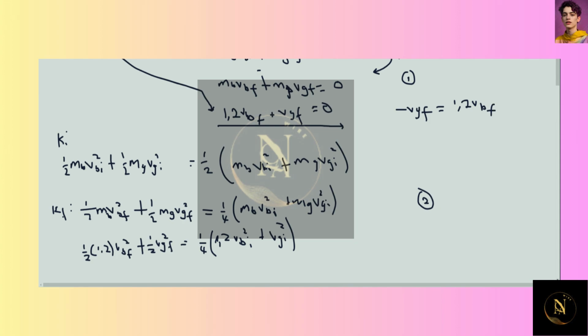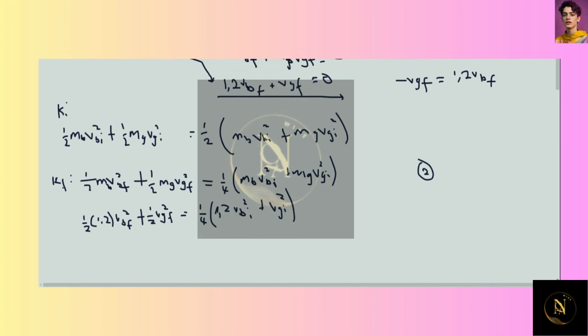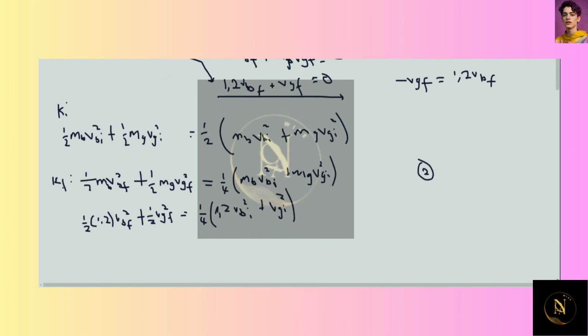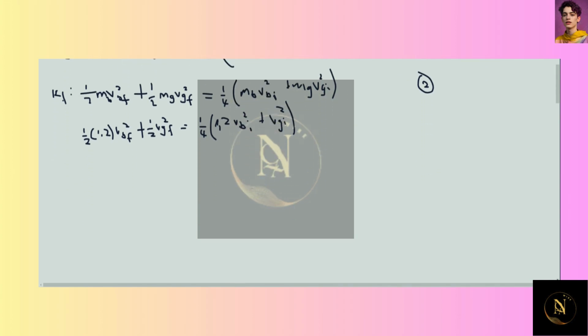Notice that, again, they're in opposite directions because their signs are different. So anywhere I see a vGf in this equation, I can plug in 1.2 vBf to simplify it.